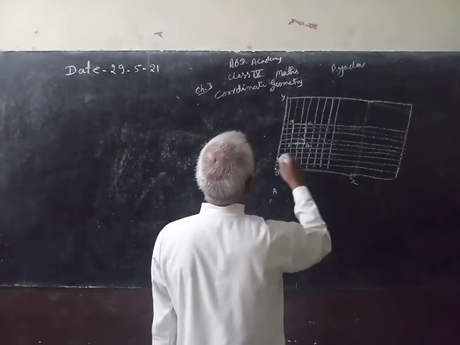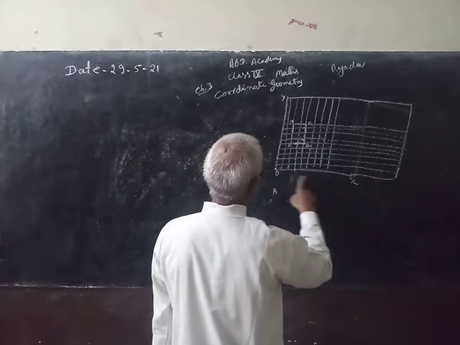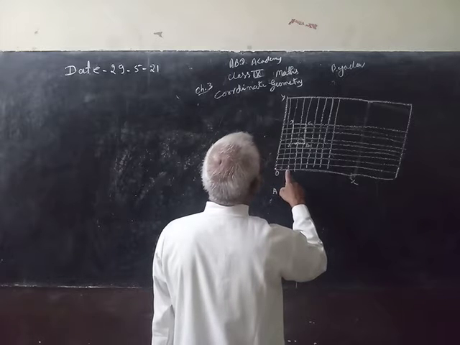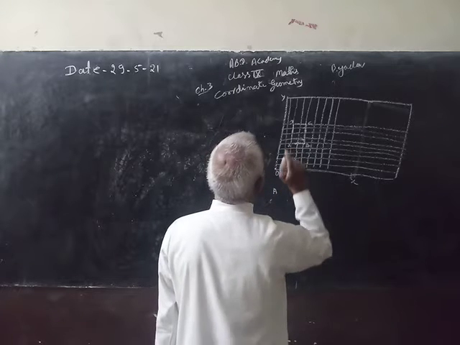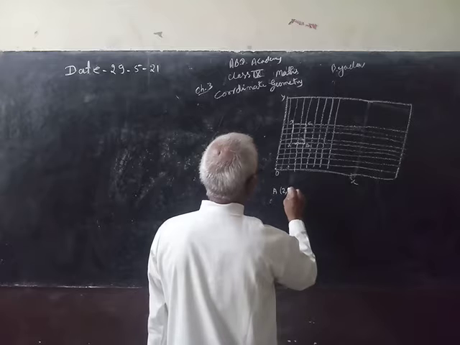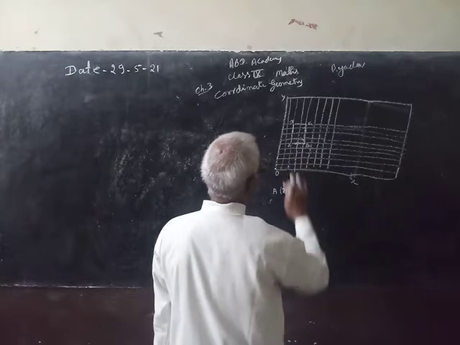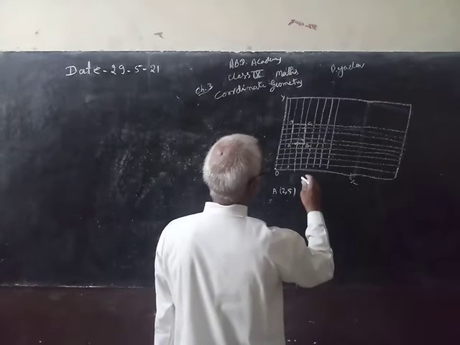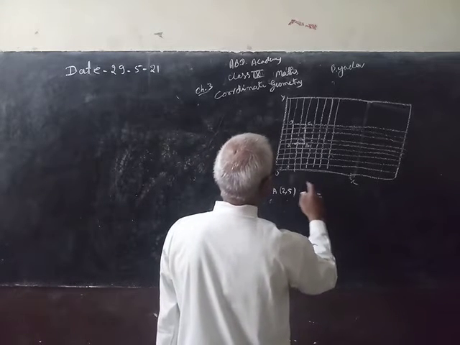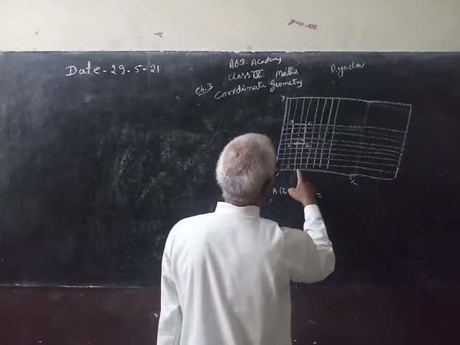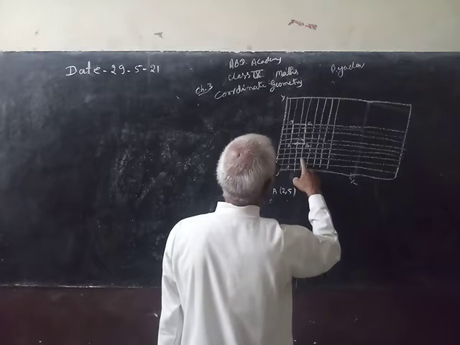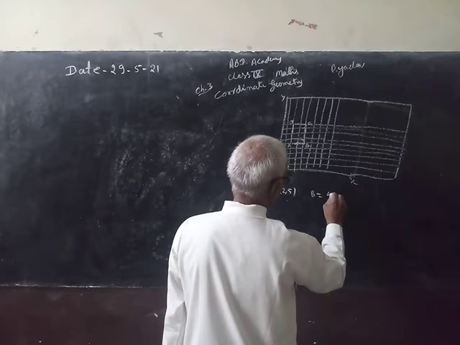First we move towards the x-axis: 1, 2, then 1, 2, 3, 4, 5. So A is 2 and 5, meaning 2 on the x-axis, then 5 on the y-axis. Then B is 4 and 5. So B is 4, 5.